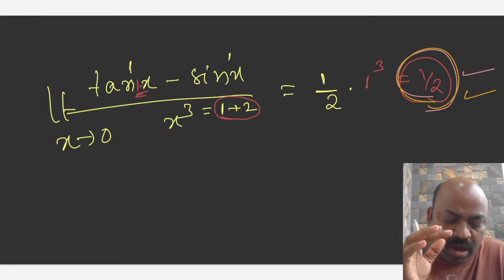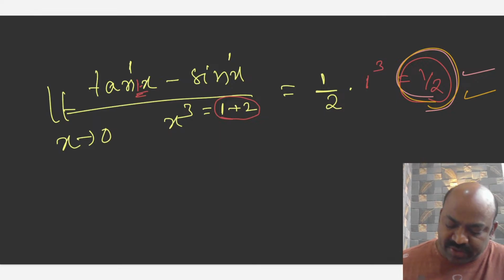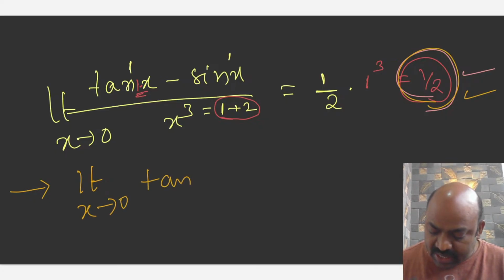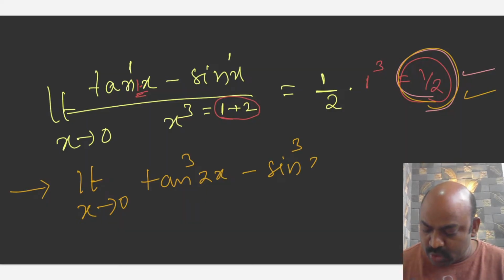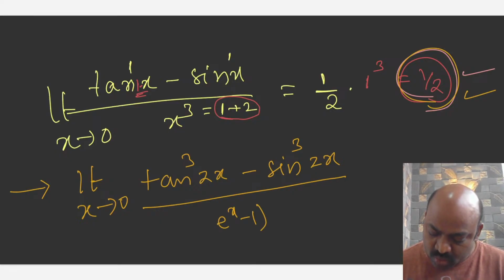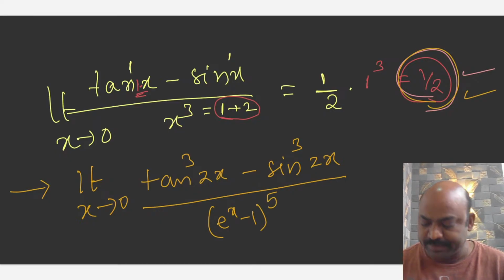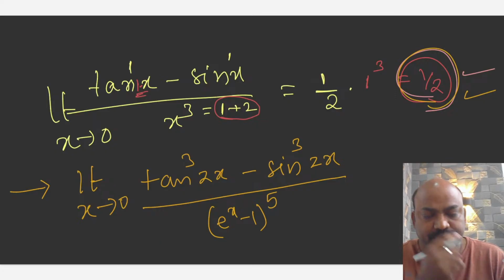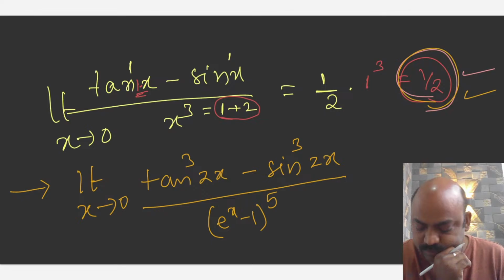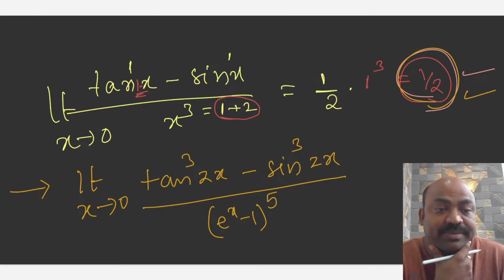Now let us apply the same story for one more beautiful question. I'm writing here: limit x tends to 0, (tan cube 2x minus sine cube 2x) by, very carefully try to understand, (e^x minus 1) whole power 5. Can you give me the answer?